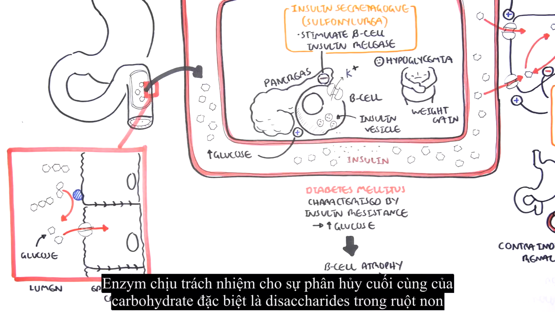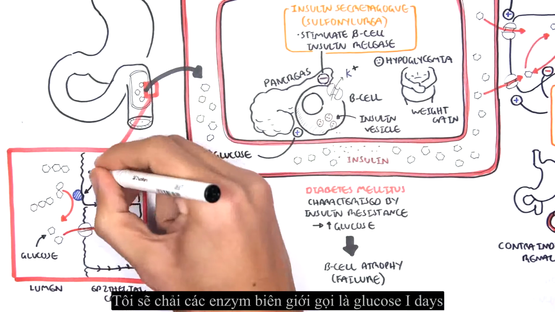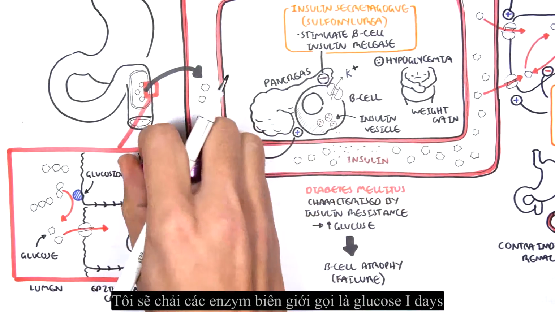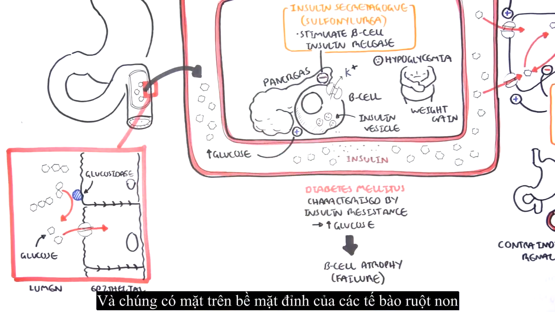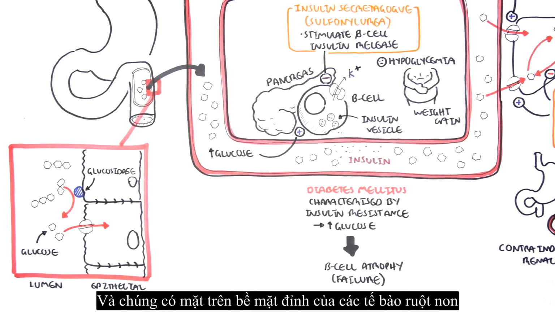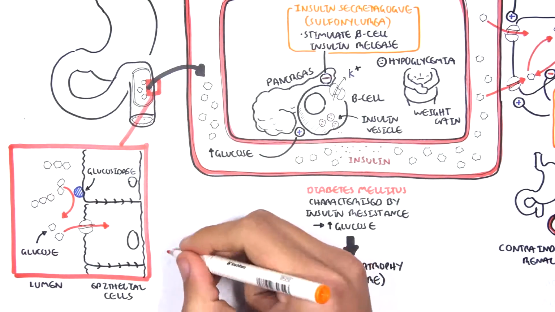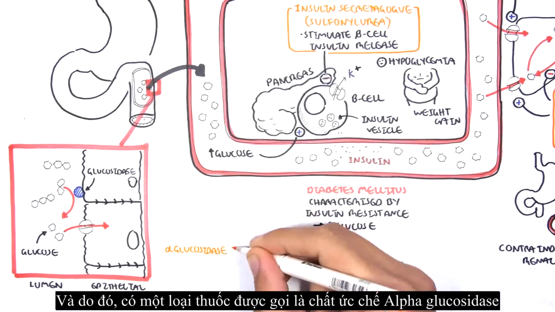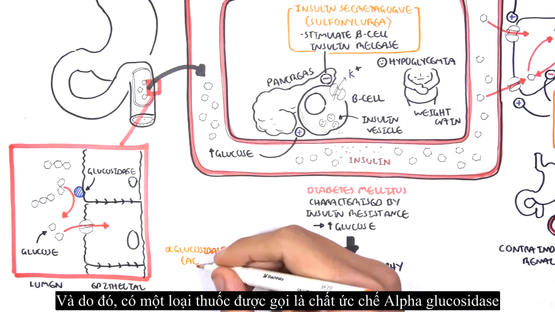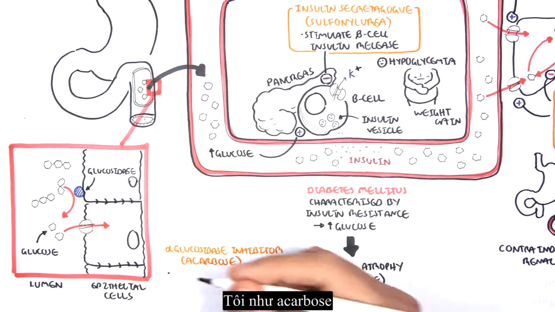The enzymes responsible for the final breakdown of carbohydrates, especially disaccharides in the small intestines, are these brush border enzymes called glucosidase. And these are present on the apical surface of the small intestinal cells. And so there is a drug called alpha glucosidase inhibitors, such as acarbose.